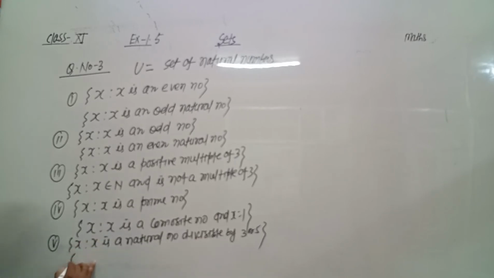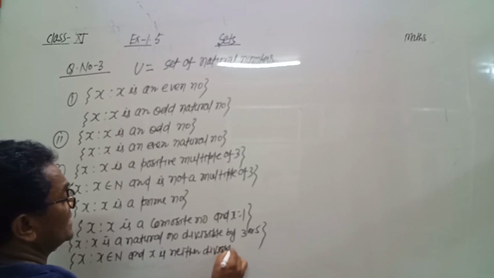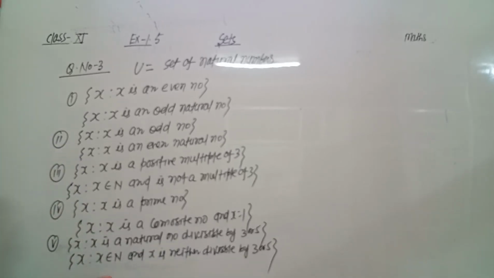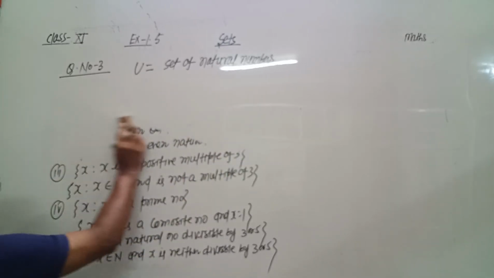So its complement is {x such that x is a natural number}, or we can write x belongs to N, and x is neither divisible by 3 nor 5. Next, {x such that x is a perfect square}.